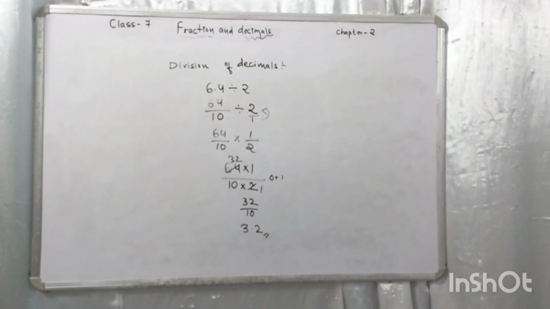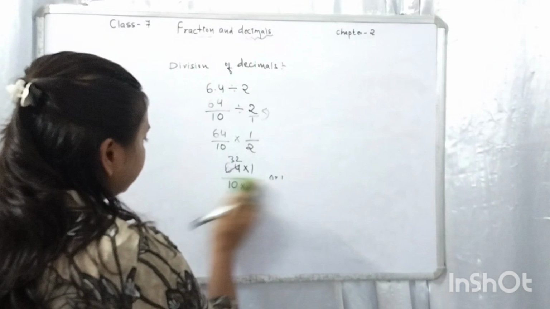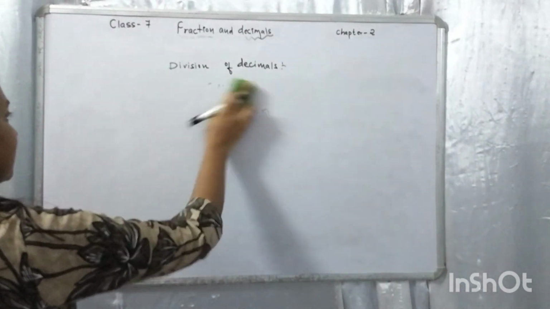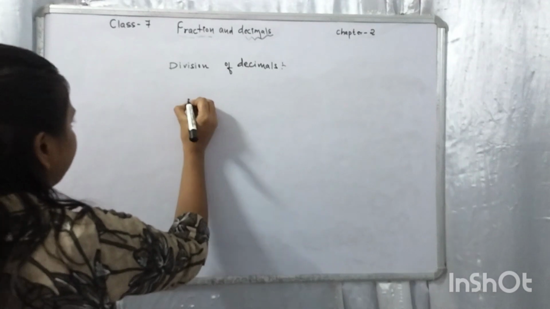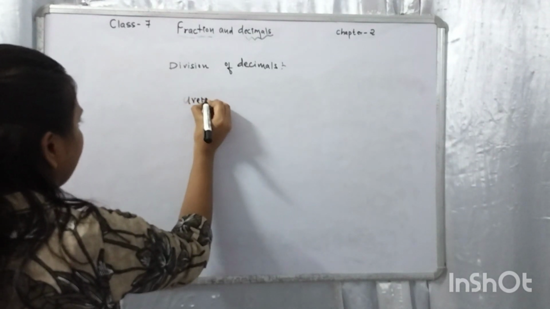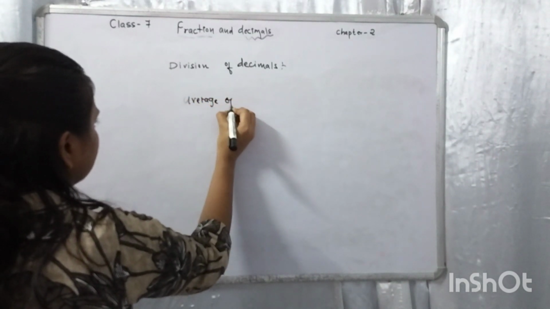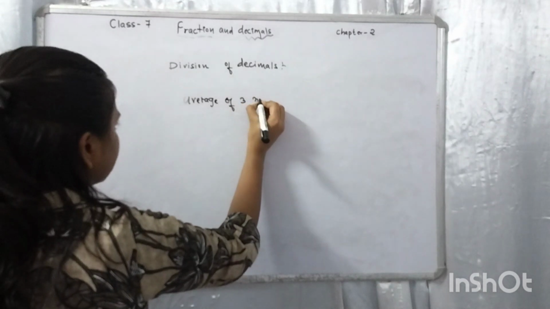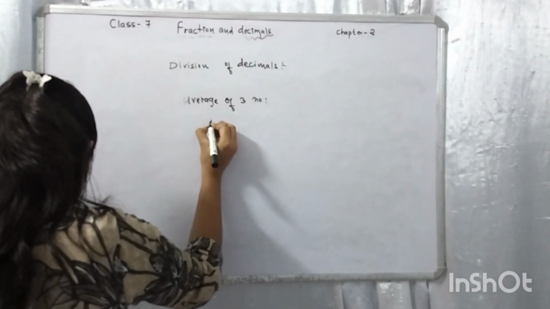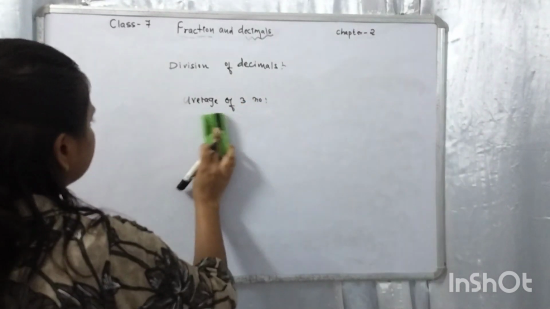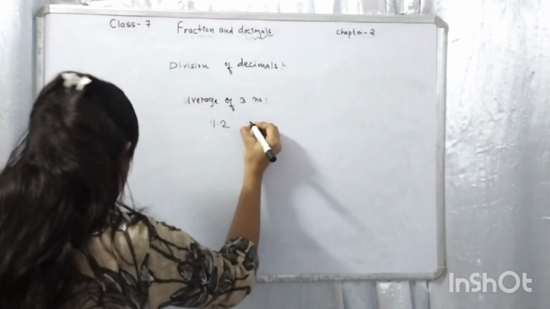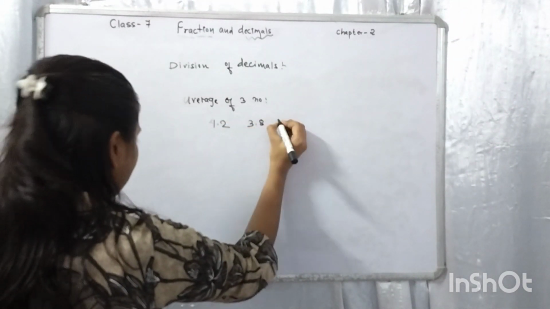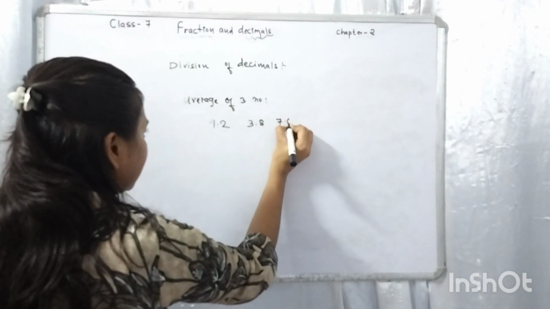Fine. Now let's take one example from the book itself, that we need to find the average of 3 numbers. So they are 4.2, 3.8 and 7.6.